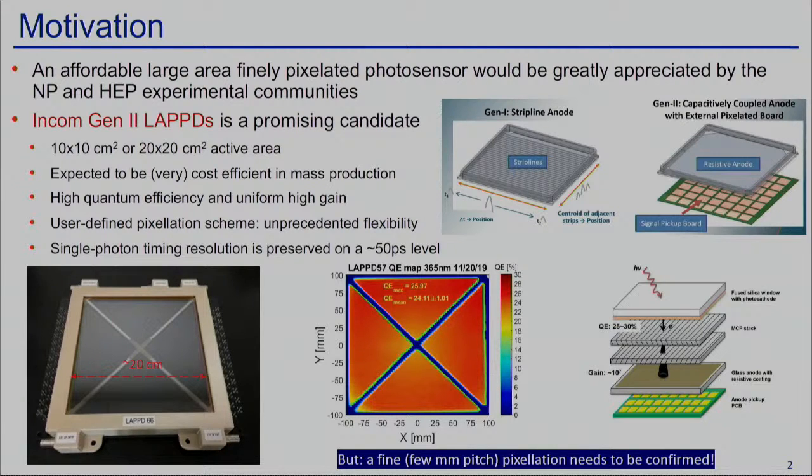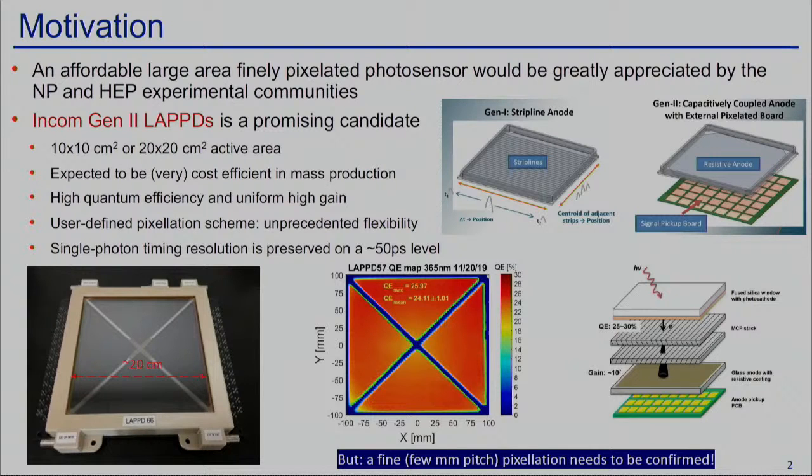These Gen 2 LAPPDs can be purchased in either 20 by 20 centimeter or 10 by 10 form factor. They are expected to be very cost efficient in mass production, with reasonably high quantum efficiency, low noise, and uniform enough and high gain. And single photon timing resolution is preserved on the level of 50 picoseconds, if not better.